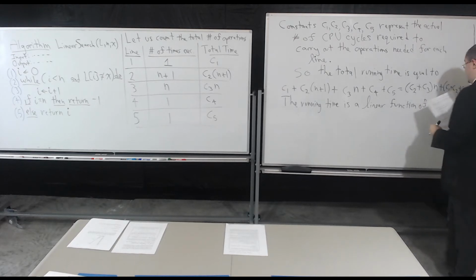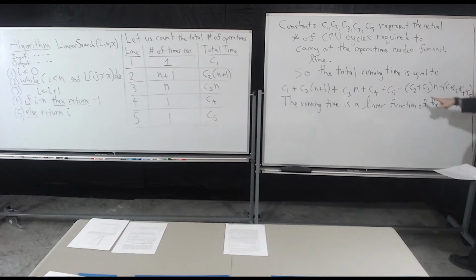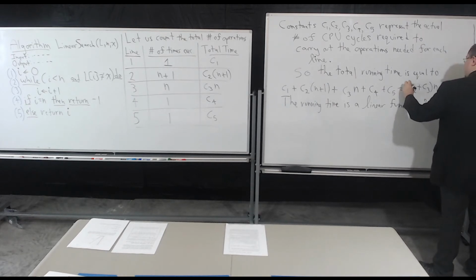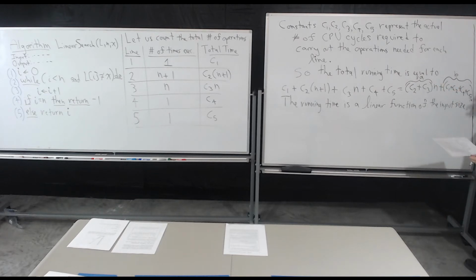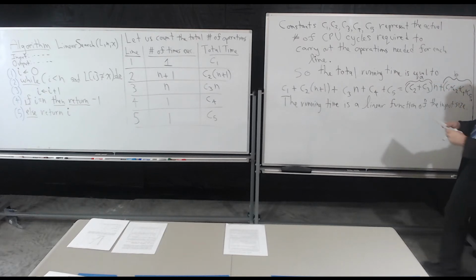You already see that. This is linear. If I take this, I can assign it to be some value A, and I can take all these constants and assign them to be some value B, and I end up with A times n plus B. This is a linear function.